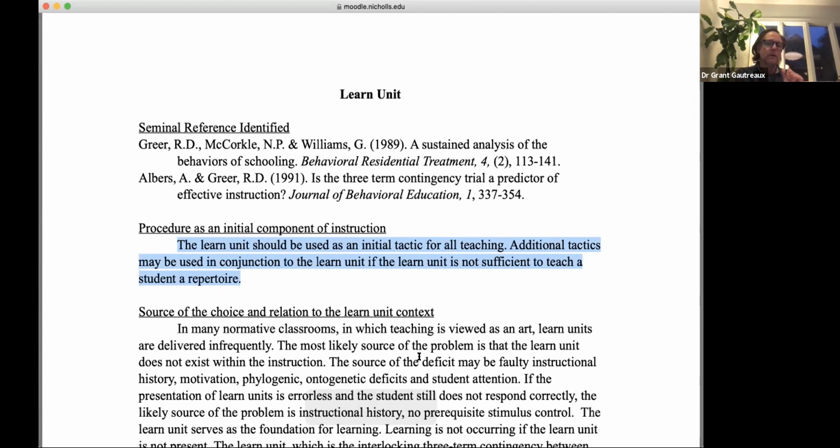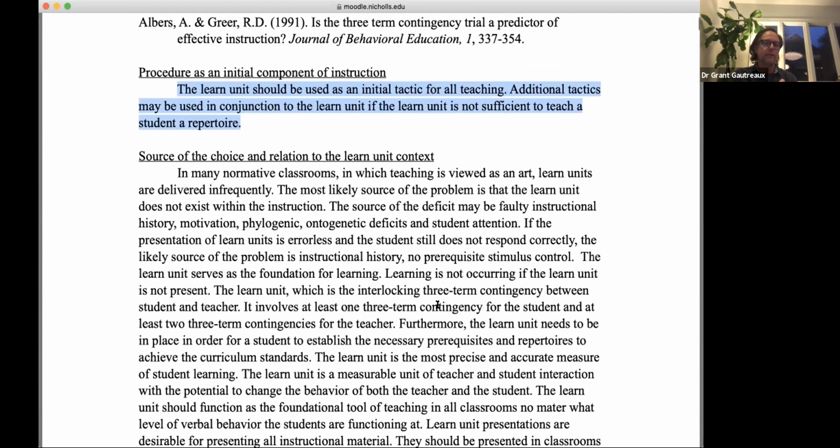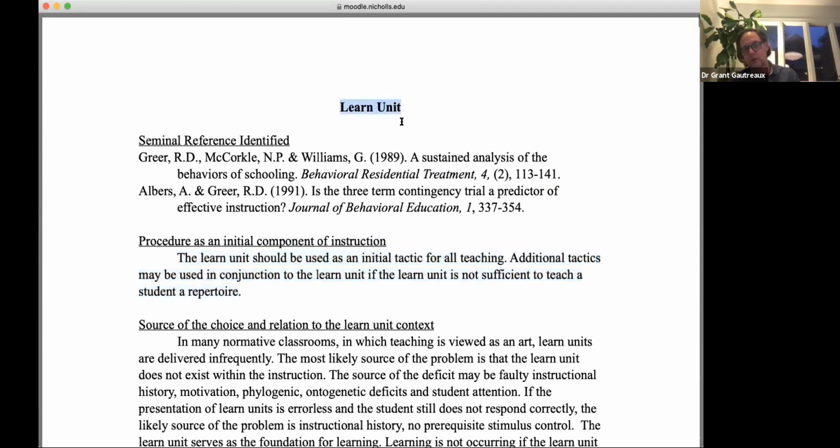And then how would I use it or modify it when I'm trying to analyze a problem in the context of the learn unit? Just so happens the first example I have is the learn unit, and it says the source of the choice in relation to the learn unit context.